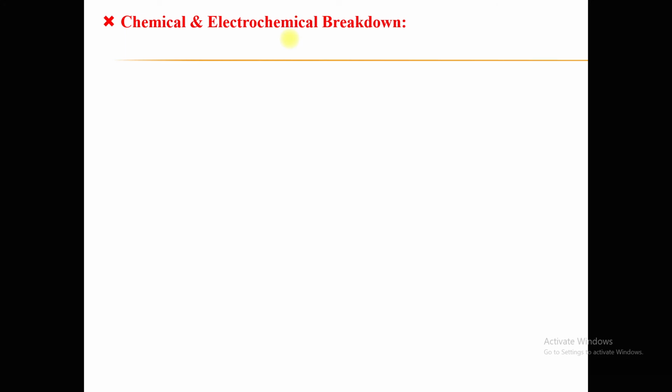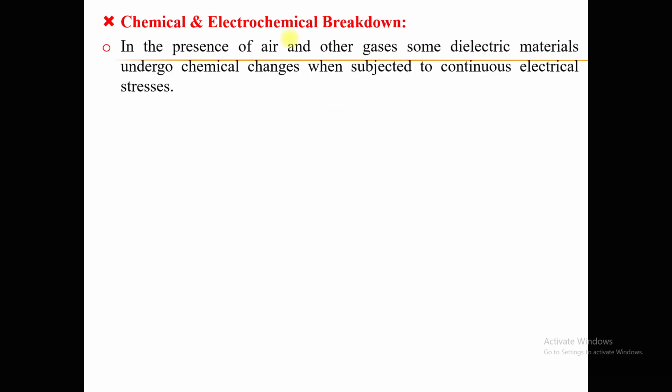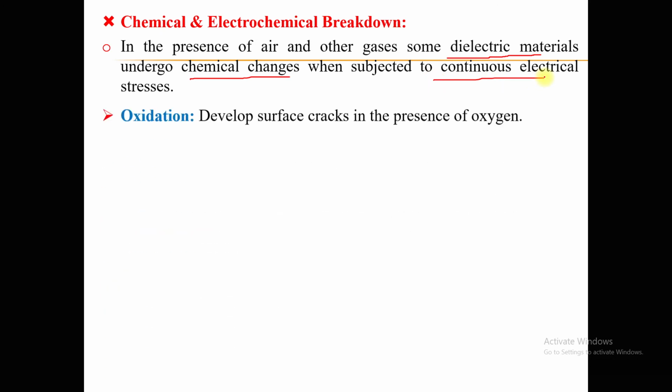Electrochemical breakdown means the chemical reactions taking place between two dissimilar kinds of dielectric materials when there is an application of electrical supply. In the presence of air and other gases, some dielectric materials undergo chemical changes when subjected to continuous electrical stresses.